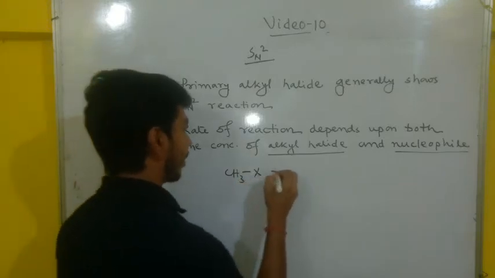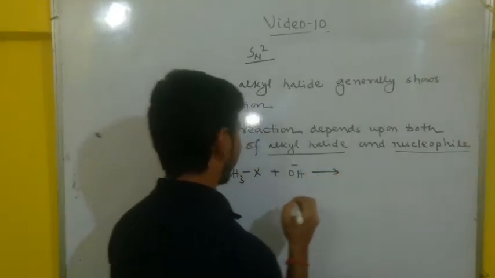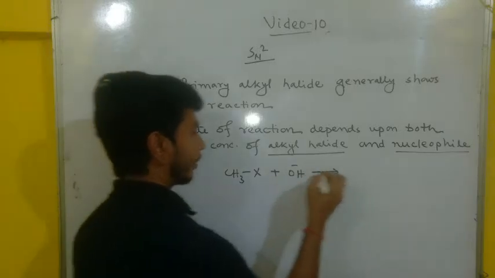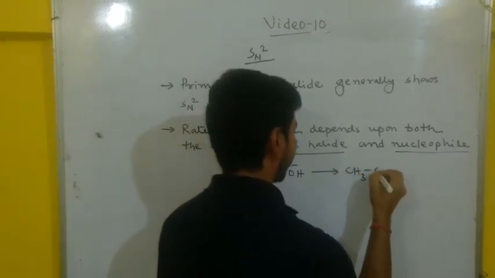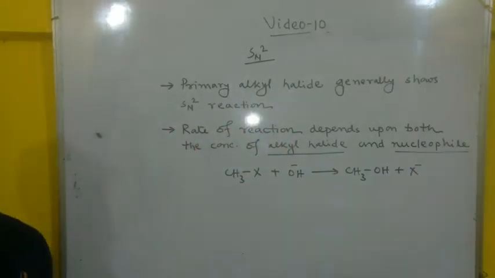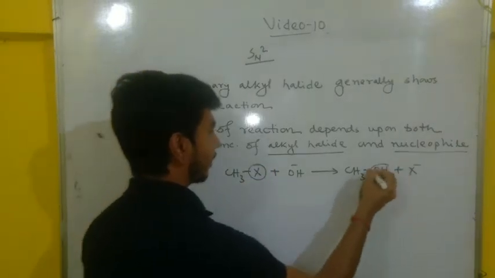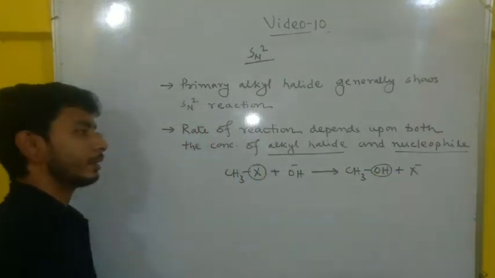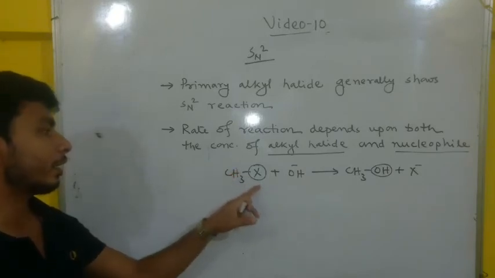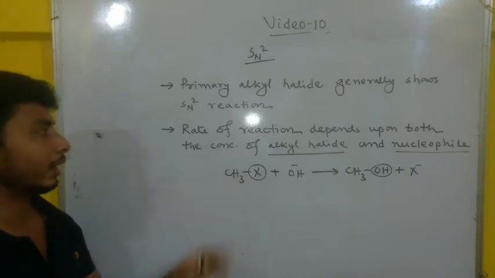Primary alkyl halide upon treatment with nucleophile, the product is this halogen group is substituted by the nucleophile, so CH3OH plus X minus. So the halogen group is substituted by the nucleophile, that is, it is a nucleophilic substitution reaction, and this reaction is an SN2 reaction because here the alkyl halide is primary, the simplest alkyl halide.